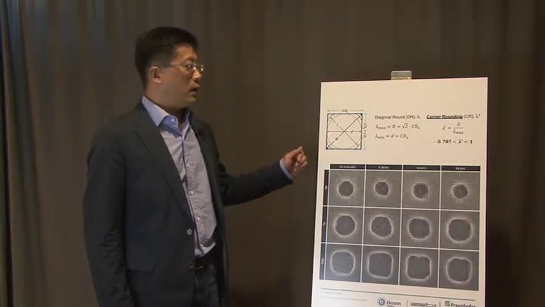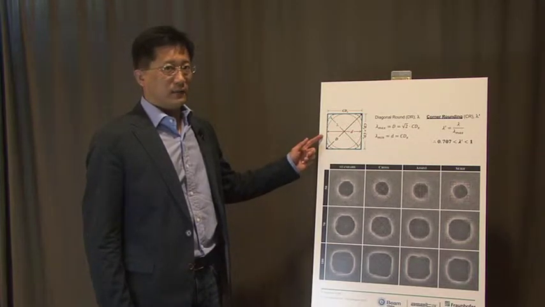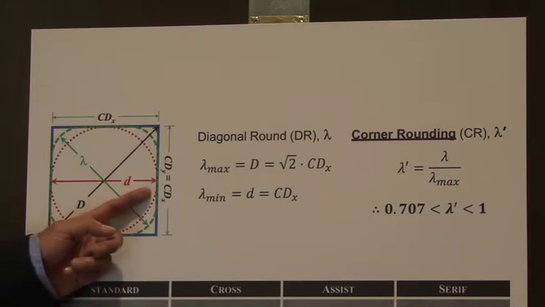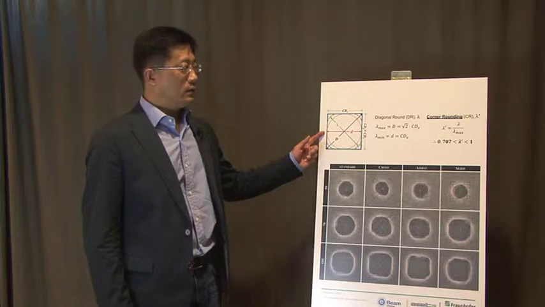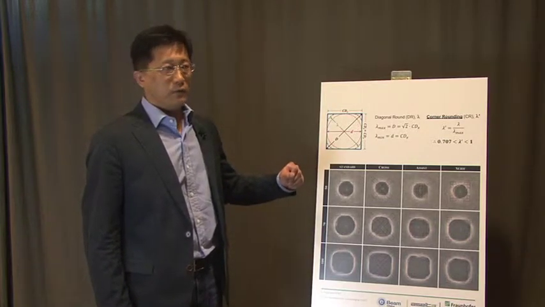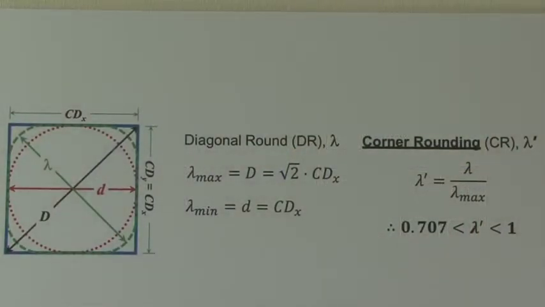And the minimum diagonal round is when the exposed pattern gets rounded and formed as a circle whose diameter is exactly the design CD. So our corner rounding definition is the ratio between these measured diagonal CDs and the maximum diagonal round, which is between 0.71 and 1.